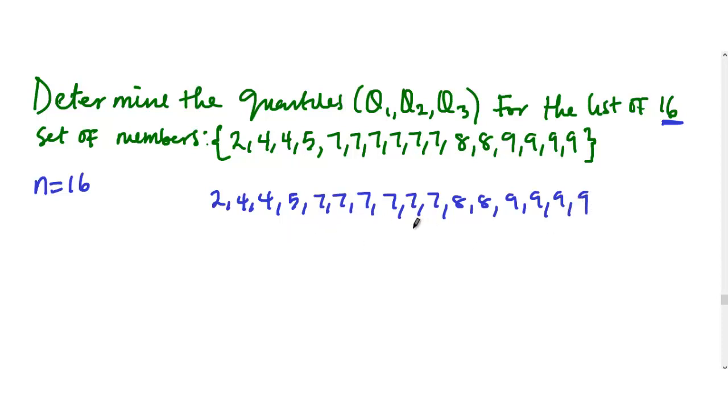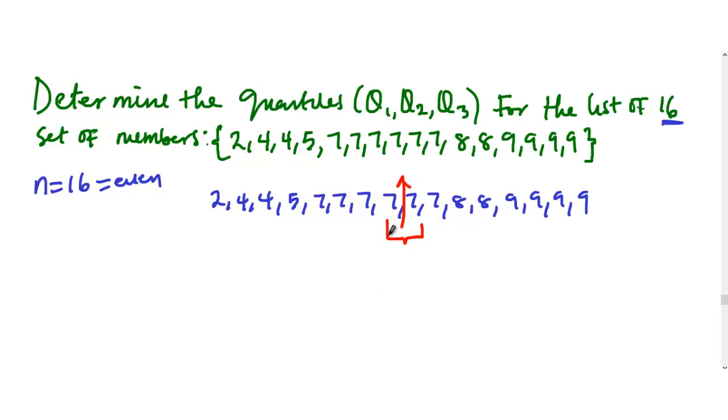Since n is 16, which is even, the median will be the arithmetic mean of the two middle items. If we divide 16 numbers into equal halves, we have 1, 2, 3, 4, 5, 6, 7, 8. So this is the cutoff point, right? We have 8 to this side, 8 to this side. So the median is the arithmetic mean of the two middle items.